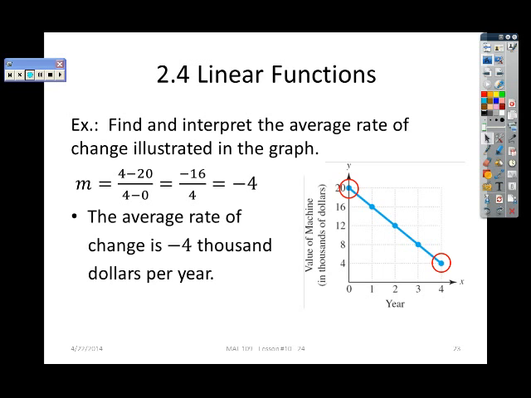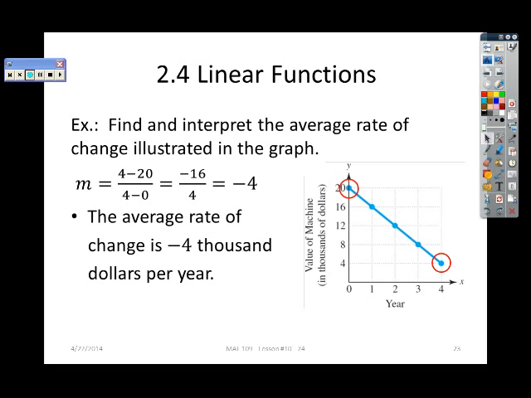Average rate of change is minus $4,000 per year. So when you're doing this, you pay attention to the units along this axis, the units along this axis, the spacing here, the spacing there. Otherwise, you could wind up getting incorrect increments and incorrect values for your answer.